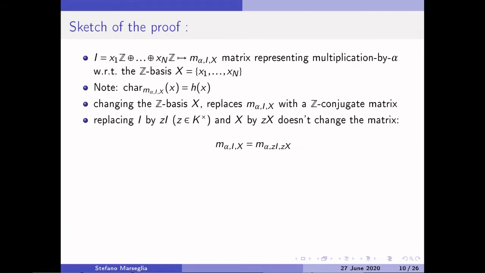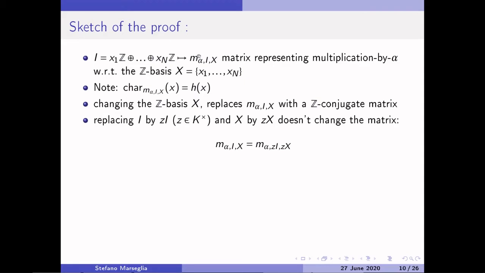So we start with a fractional ideal, and I'm going to express it with a Z basis. The Z basis is going to be x1 up to xn, where n is the degree of the polynomial. This is a Z[alpha] module, so in particular it's closed under multiplication by the element alpha.